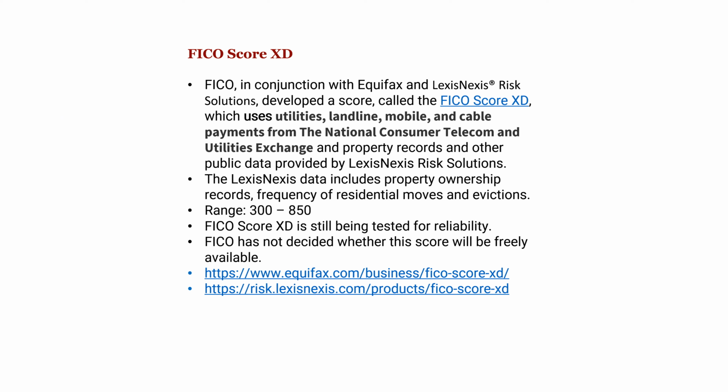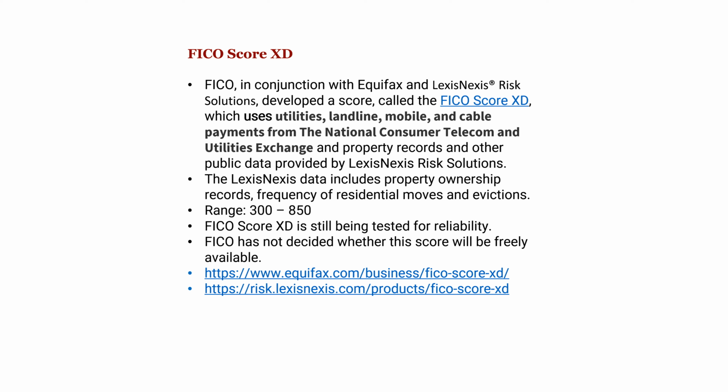FICO Score XD. FICO, in conjunction with Equifax and Nexus Risk Solutions, developed a score called the FICO Score XD, which uses utilities, landline, mobile, and cable payments from the National Consumer Telecom and Utilities Exchange, and property records and other public data provided by LexisNexis Risk Solutions.